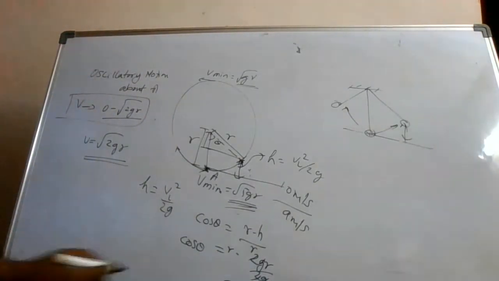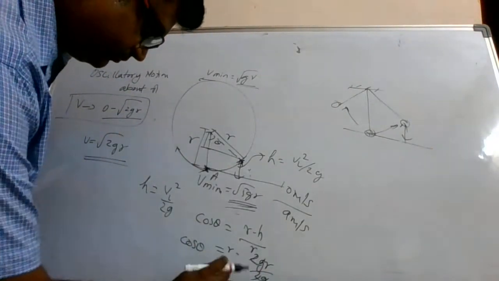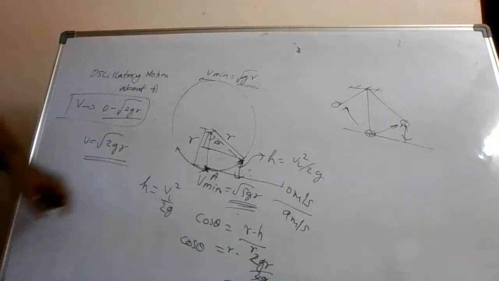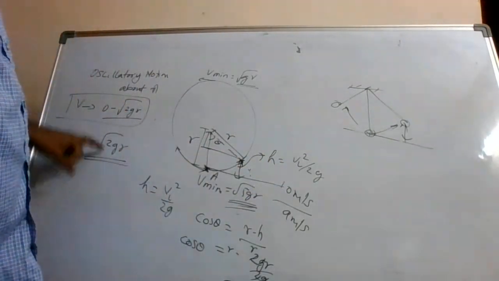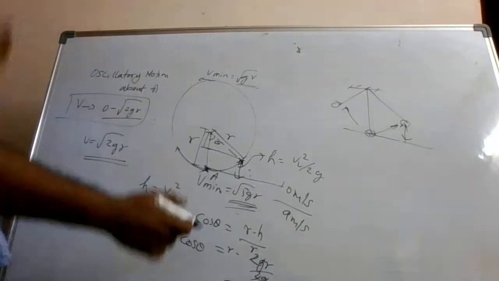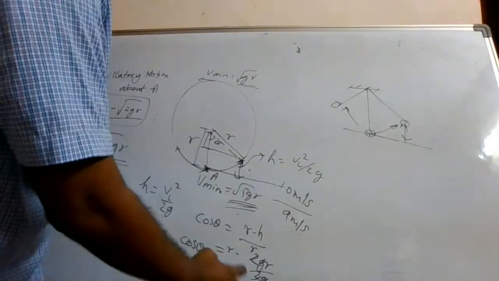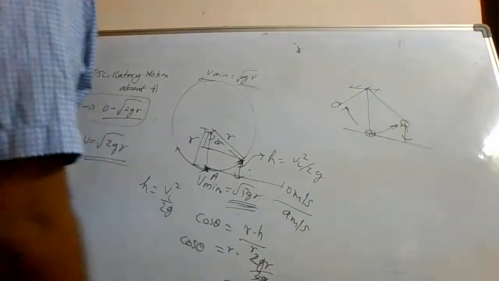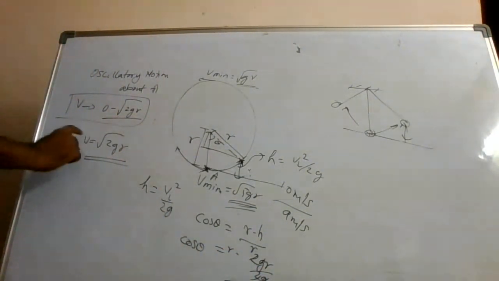So what are we getting? You're getting 0 here, no? VL square by 2g. So in this case you are getting 0, no? So 2g and 2g is cancelling, it is becoming r minus r, which is 0.